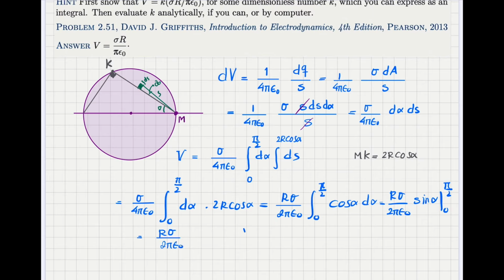But the total potential that is actually wanted in the problem, you need to multiply it by 2. When you multiply this by 2, that 2 in the denominator will be gone, so it becomes r sigma divided by pi epsilon 0. And this is very, very simple to calculate if you just change your perspective from the common origin for the polar coordinates to this point on the rim itself.